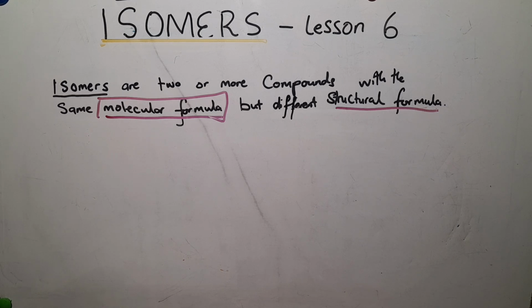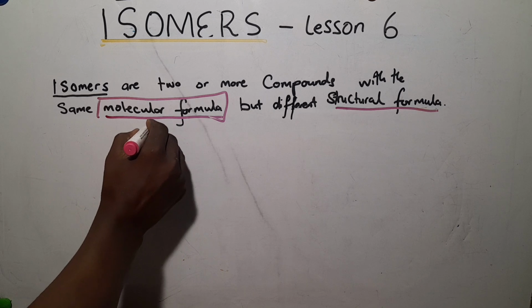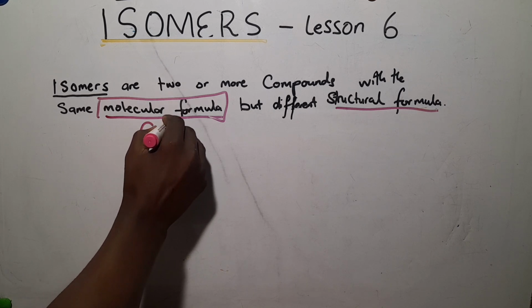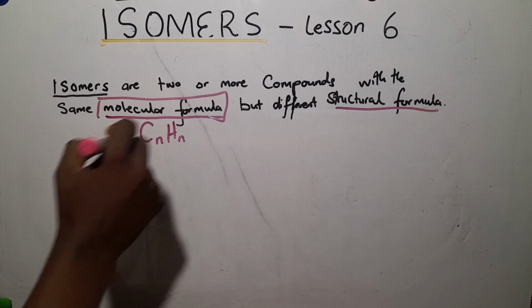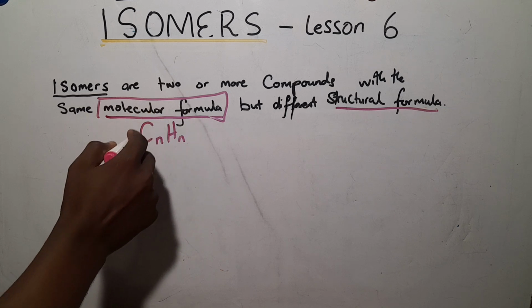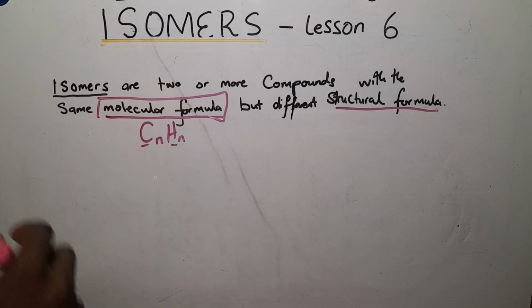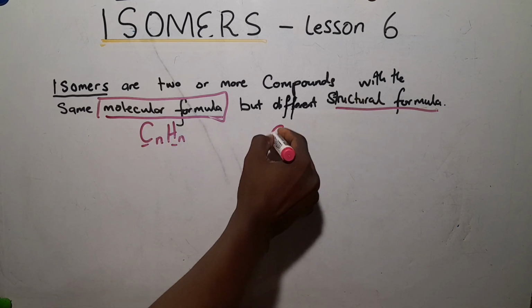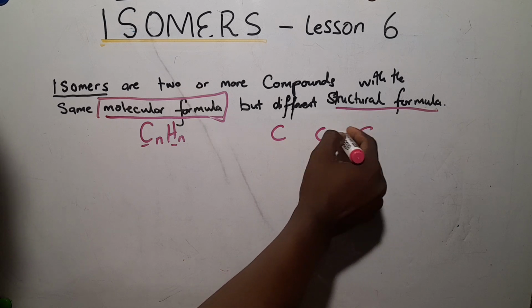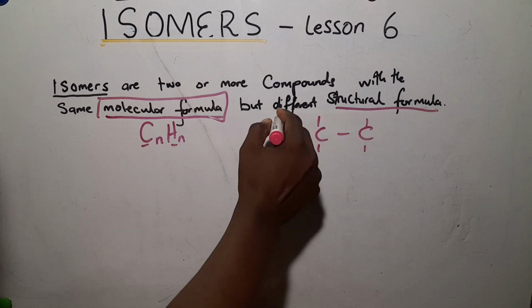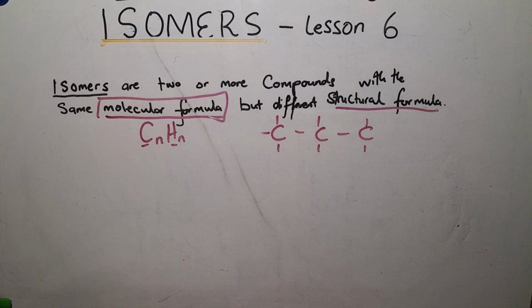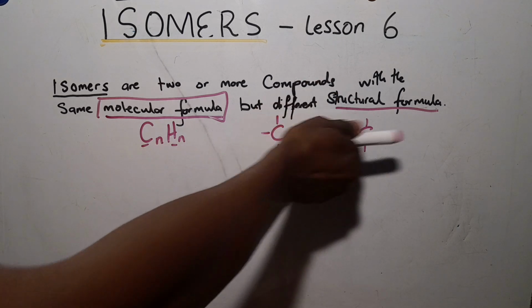Don't forget that the molecular formula just shows us how many of each atom are in the molecule, while the structural formula shows us exactly where those atoms are situated, right?